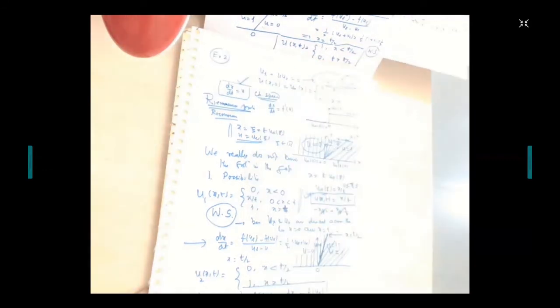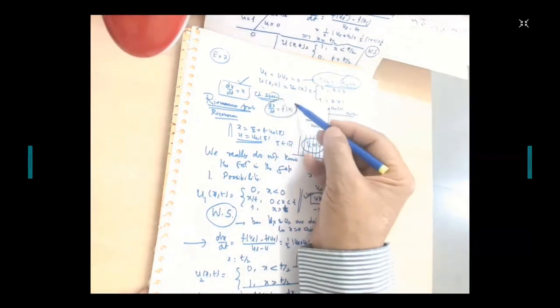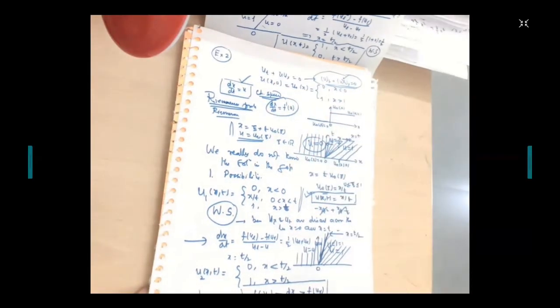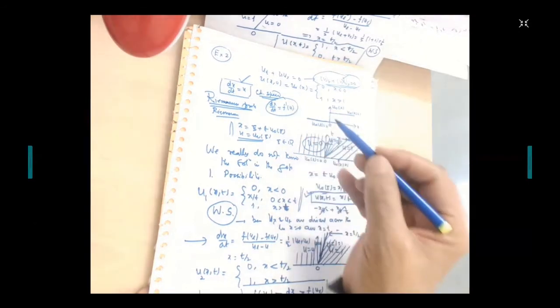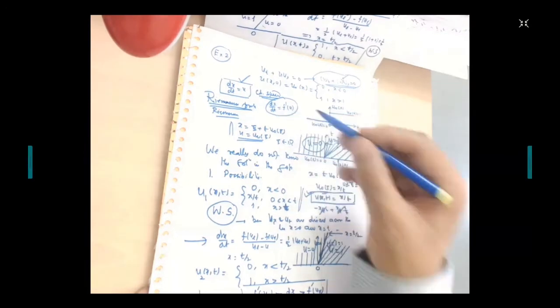So in general, this is the speed with which the characteristics propagate. f dash of u evaluated just on the left of this discontinuity, right? This is f dash, this is the characteristic speed on the left.